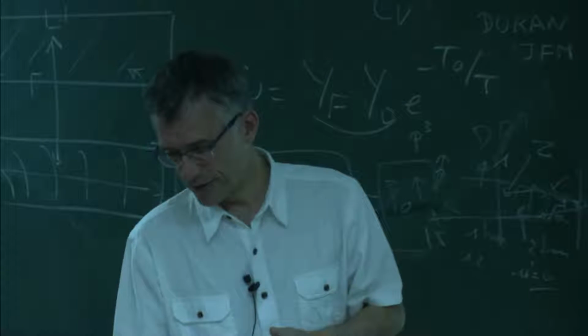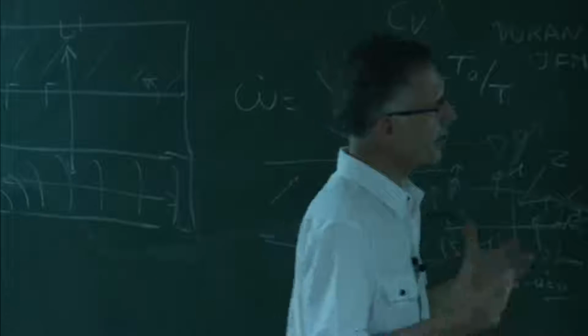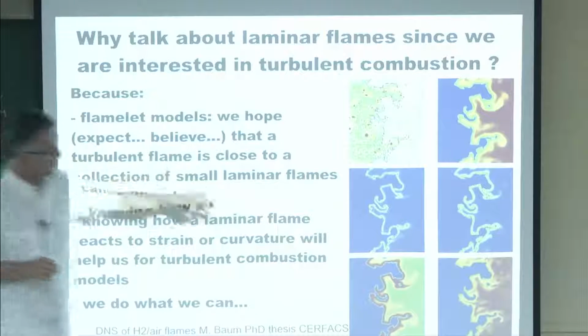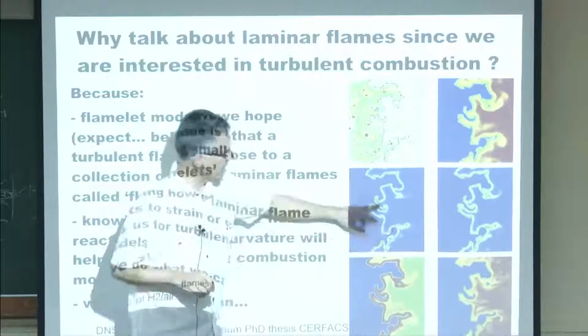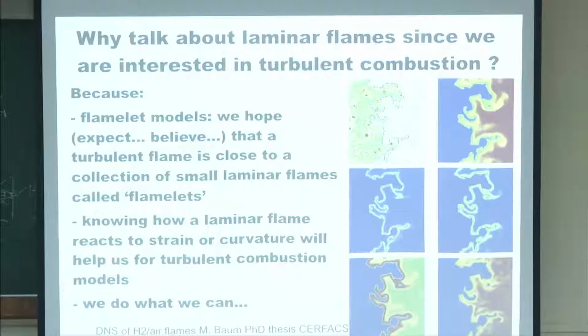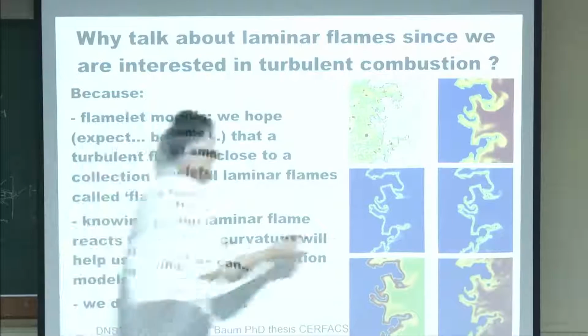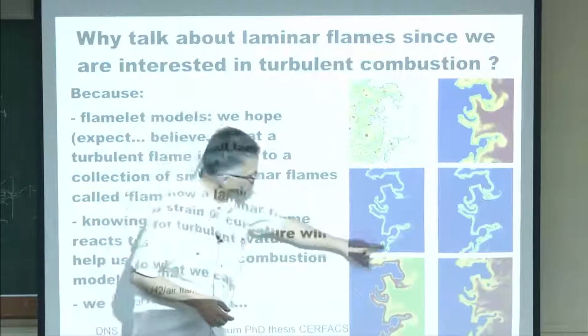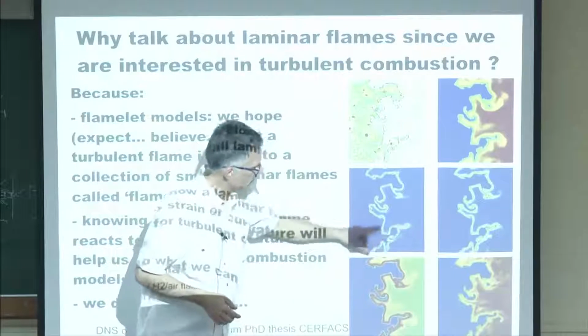Now, there's a second reason: we really hope that in certain cases, a turbulent flame, like this one here, which is obtained by DNS, is actually a collection of small laminar flames. And this is the flamelet theory. The flamelet theory tells you that normally, if the chemical times are small enough compared to the turbulence times, you should be able to recognize small elements of flames.